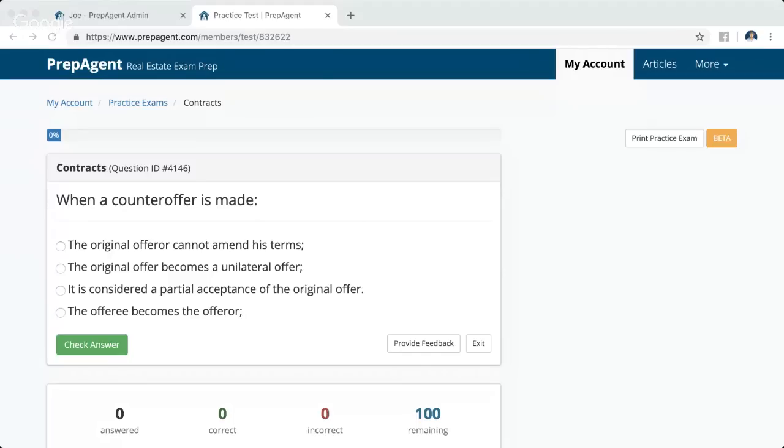Today we're doing contracts. So we're going to start off with what are the 4 essentials of a valid contract? What do you guys think?